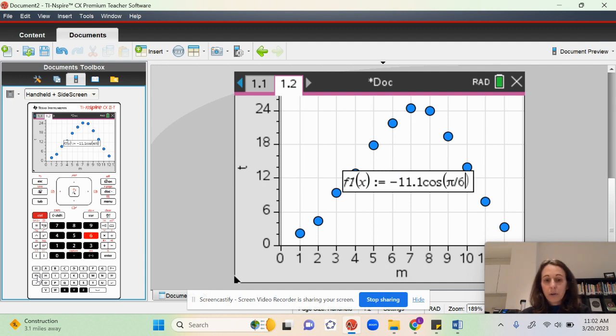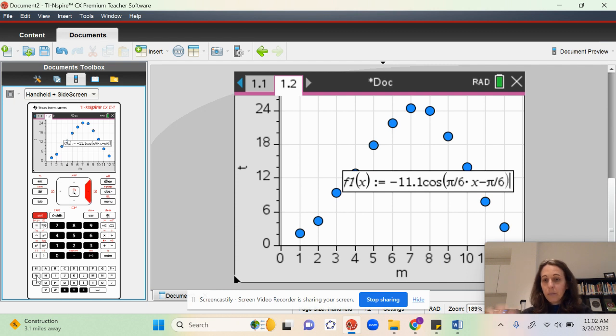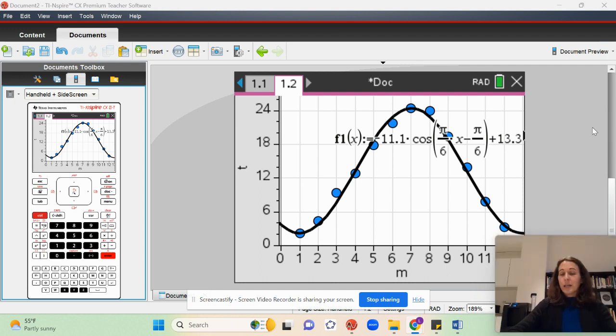Remember, in the calculator, we have to put an x, so times x, not t, minus pi over 6 in parentheses. So that was the phase shift. And then we have plus 13.3. I know you can't see it, but I did type it. And you can actually see how well that model fits that data. So we just created that on our own. Looks like a pretty good model. This was done without even using regression.